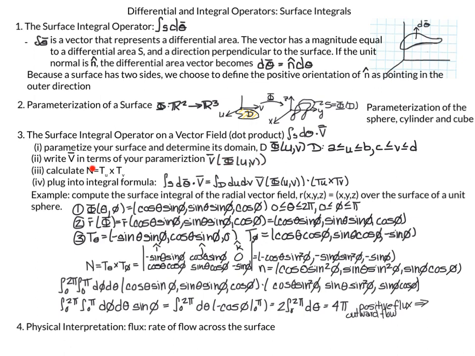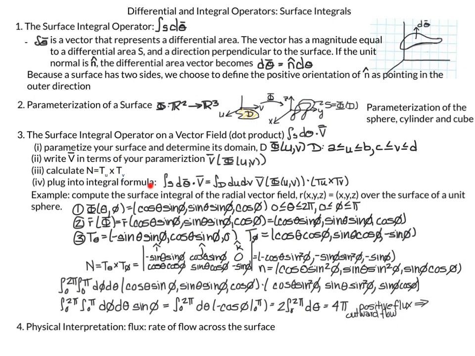The next step is to calculate the normal, and the way we do that is we cross the tangent vector in the u direction with the tangent vector in the v direction. Because we have t_u cross t_v, we get a vector normal to both of these, which will be normal to our surface.